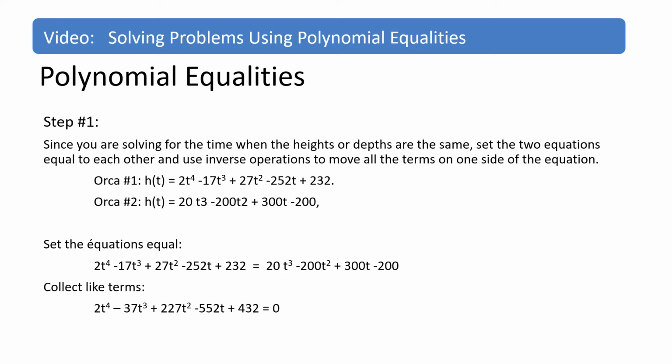Now we collect like terms, and we will get 2t^4 - 37t^3 + 227t^2 - 552t + 432. We set it equal to 0.